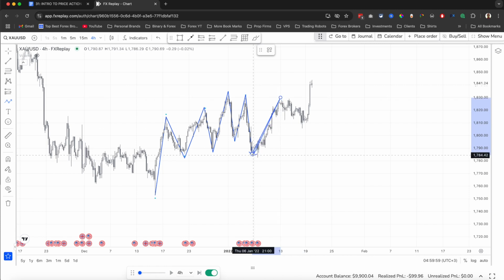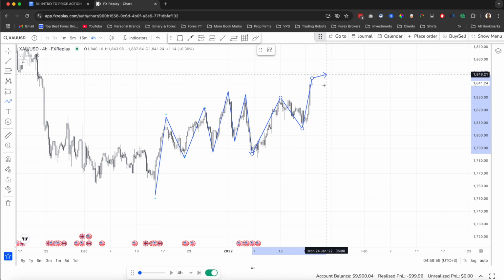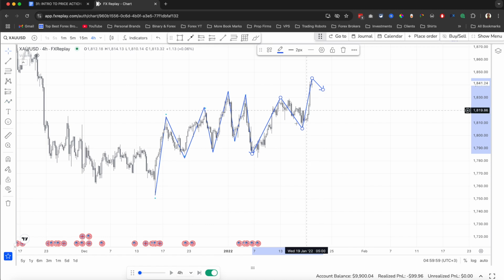So this one still remains our weak low, because it did not take out this high. Then we have another low, and then another high. This high now takes out this low, and this low takes out this high. So this one is now a strong low, and this one is our weakest high as of now.